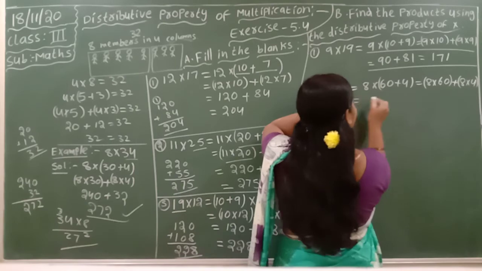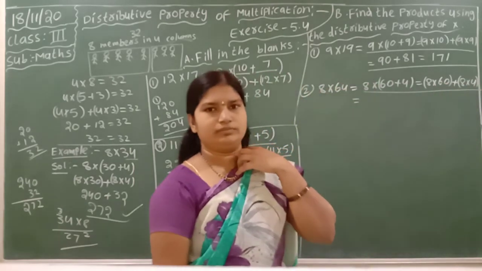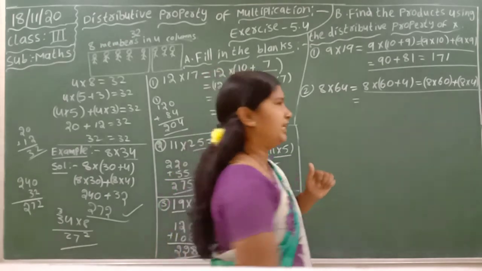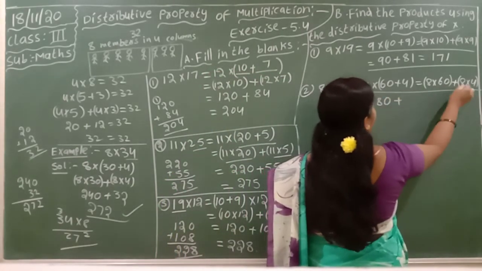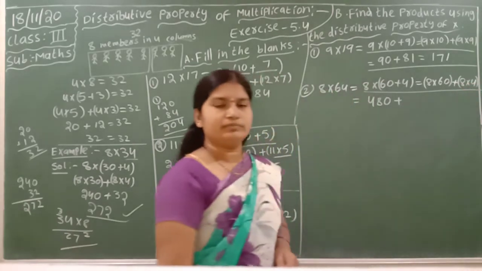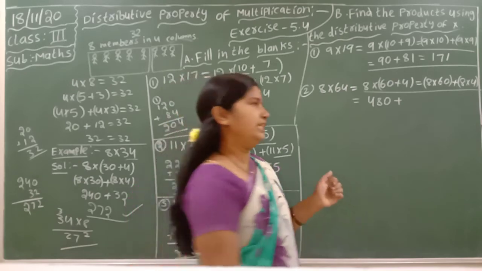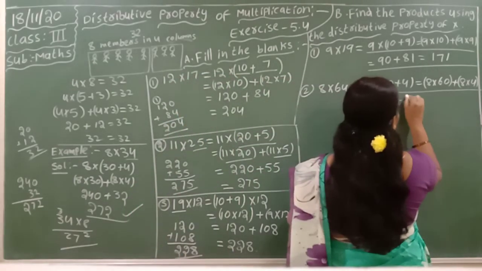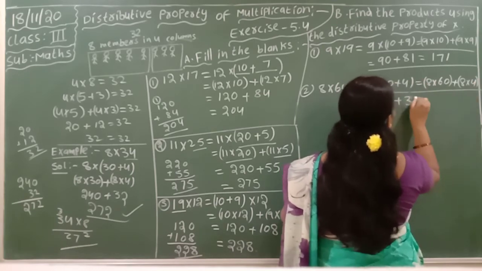You have to multiply: 8 6s how much? 8 6s are 48. 8 into 0, 0, plus 8 4s, or 4 8s, 4 8s are 32.